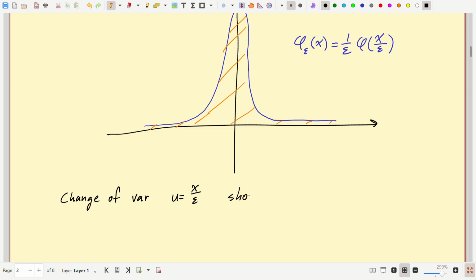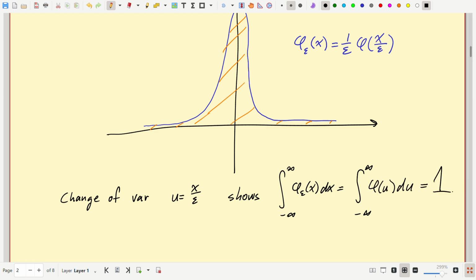That shows that the integral from minus infinity to infinity of phi epsilon of x dx is equal to the integral from minus infinity to infinity of phi of u du, and that's 1. That's a straightforward calculus exercise.